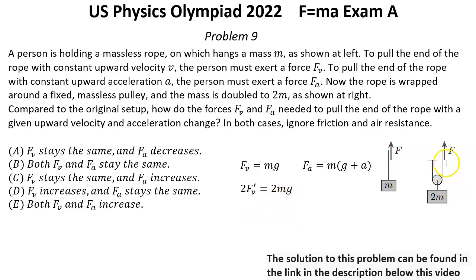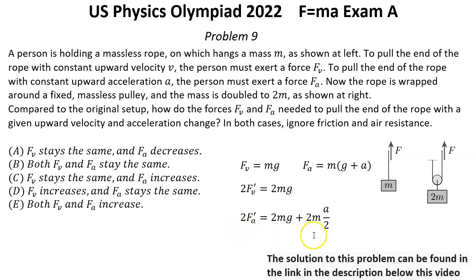And to pull this end with acceleration a, we need to pull this mass with acceleration a over 2. It means that now we have doubled force Fa prime equal to 2mg plus 2m multiplied by the acceleration of this mass, which is a over 2.